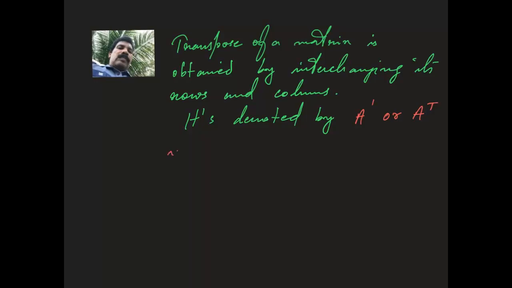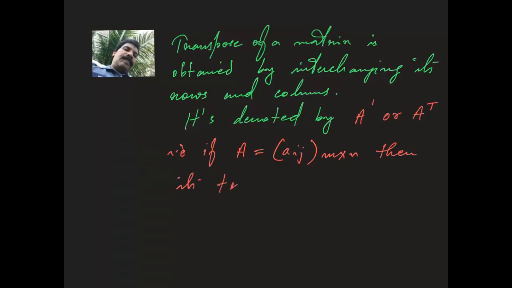That is, if capital A is equal to matrix Aij of order m by n, then its transpose, A dash or A transpose, is equal to Aji with order n by m.